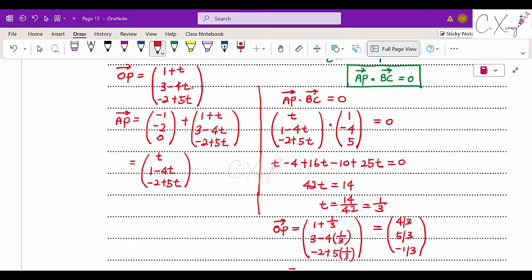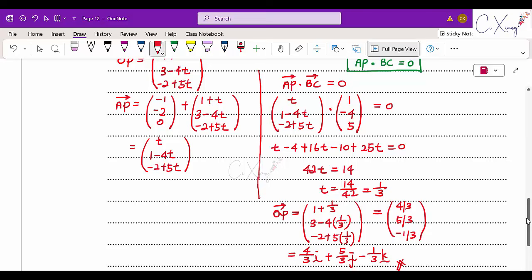If you prefer the IJK form, then it is 4 over 3 i plus 5 over 3 j, and also -1 over 3 k. Alright, so this is how we get the position vector of the point P.